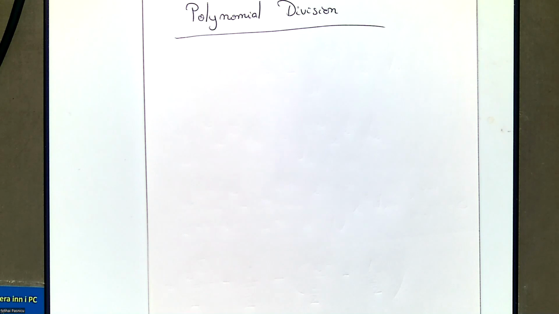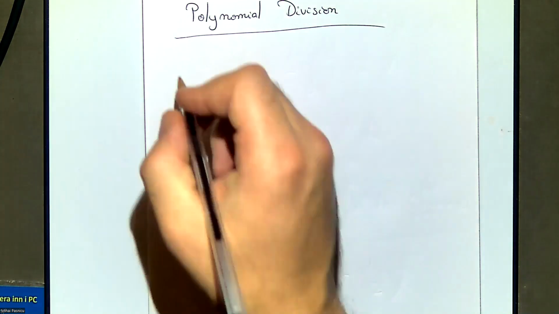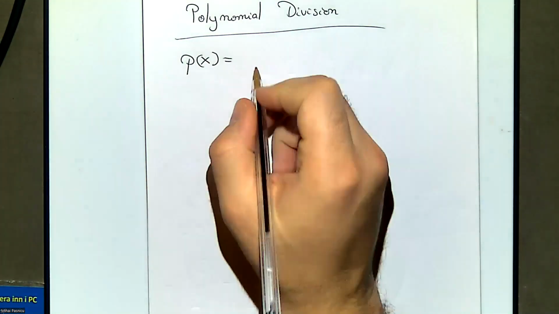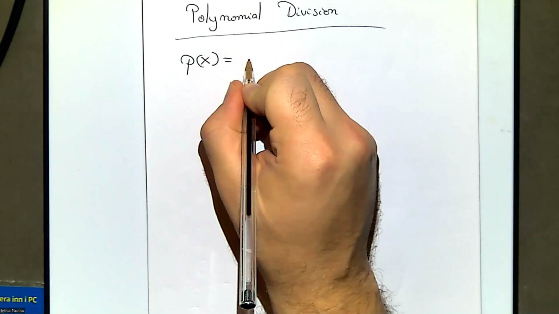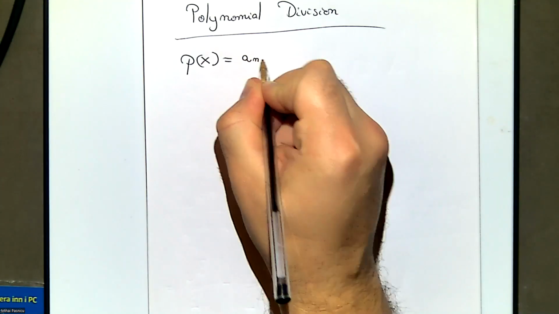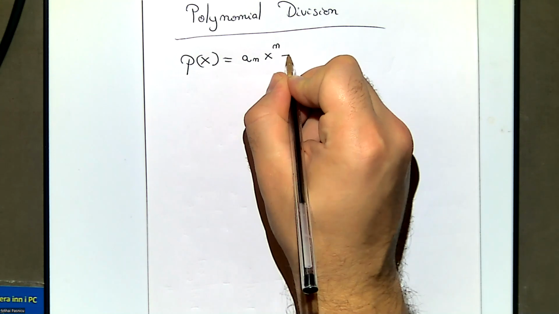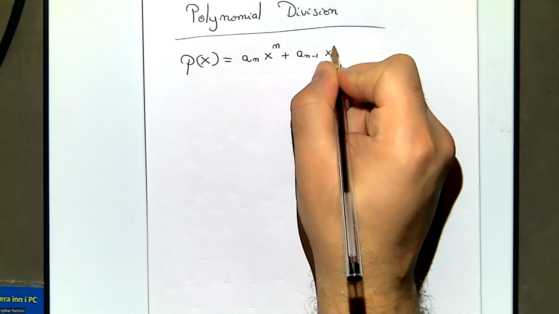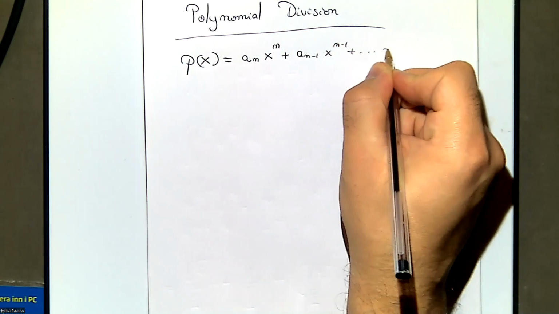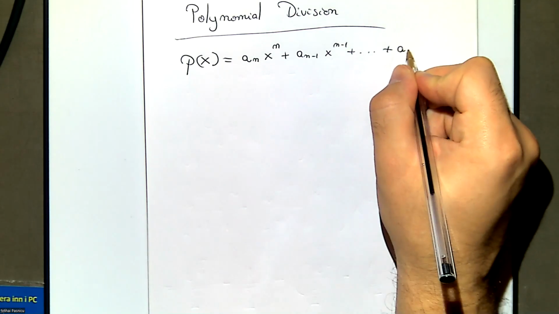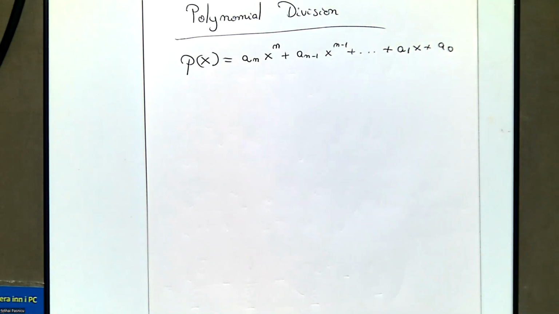A polynomial is just a fancy term for a sum of powers. So basically, when you're saying that this is a polynomial of x, it's just a_n x^n plus a_(n-1) x^(n-1) plus dot dot dot a_1 x plus a_0. Okay, so this is how a polynomial looks.